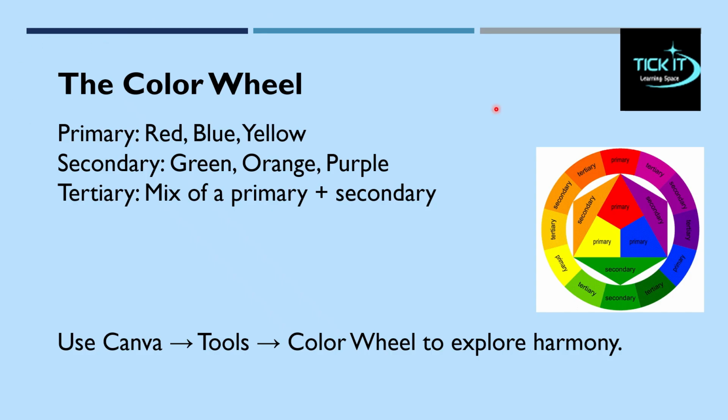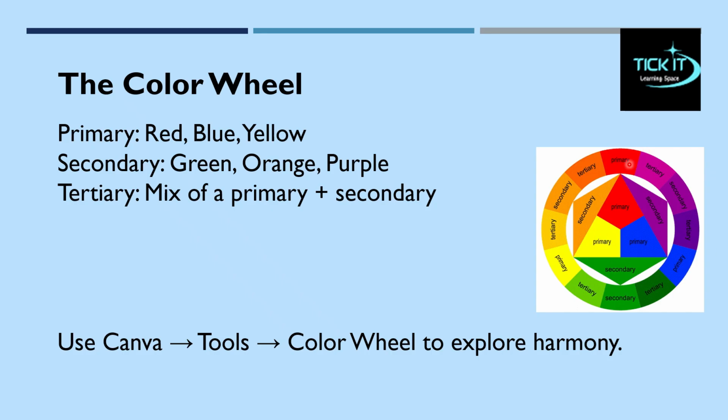Now let's look at the color wheel. As we mentioned, the primary colors red, blue, yellow, secondary green, orange, purple, tertiary a mix of primary plus secondary. So while you look here, we have the red as a primary, yellow and the blue. This is the primary. Then we have the orange, we have the purple, and we have the green here.